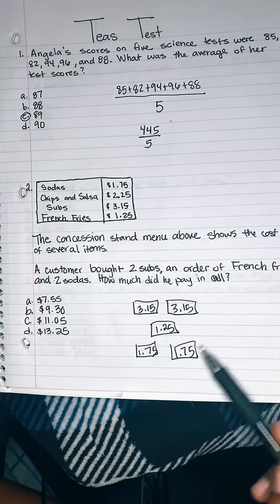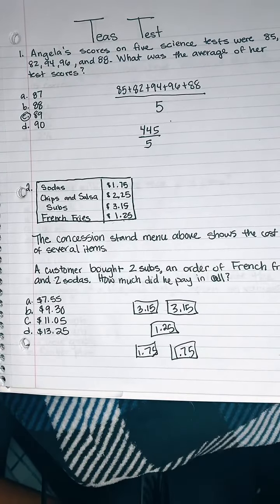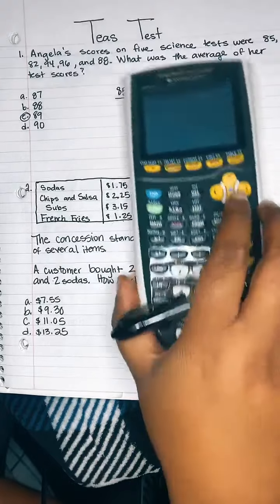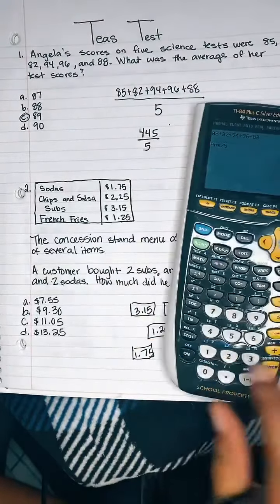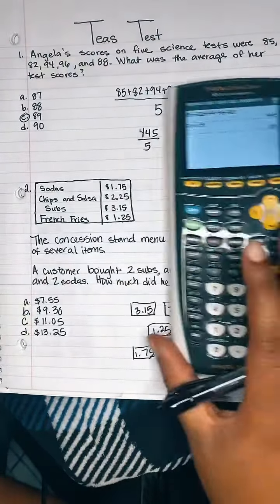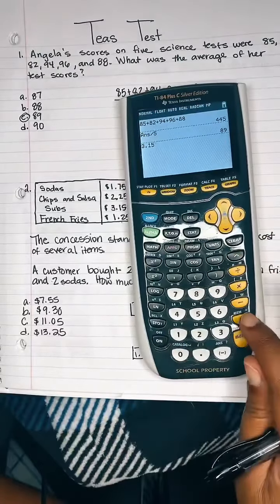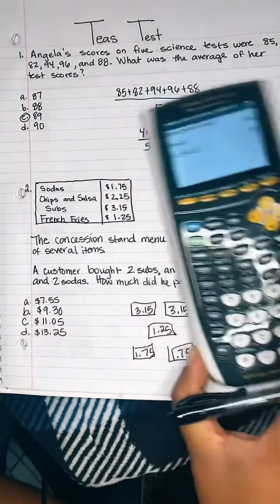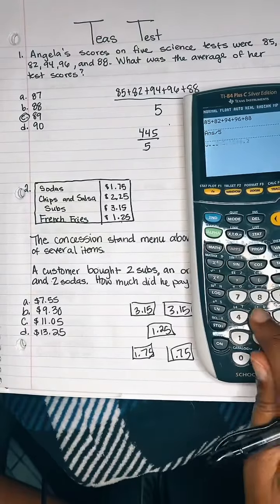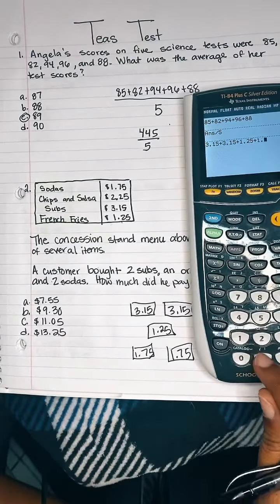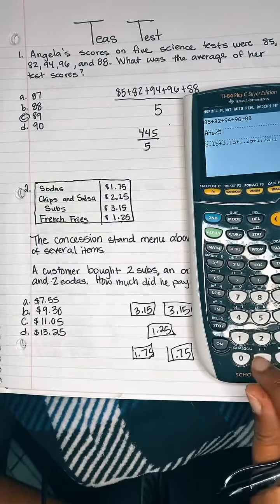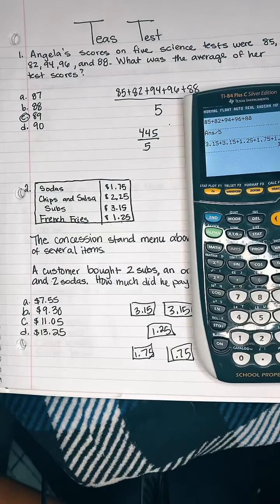Now they want to know the total of this. So we're going to add this all up. So let's take it out. Okay. And so we're going to do 3.15 plus 3.15 plus 1.25 plus 1.75 plus 1.75. And we get 11.05.